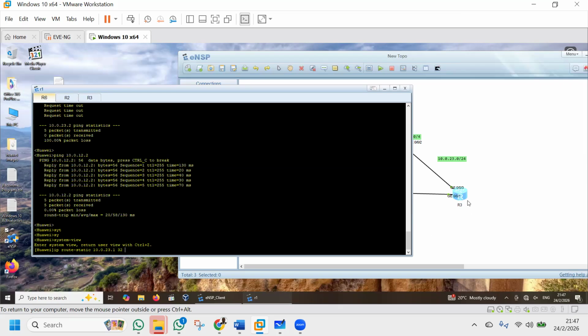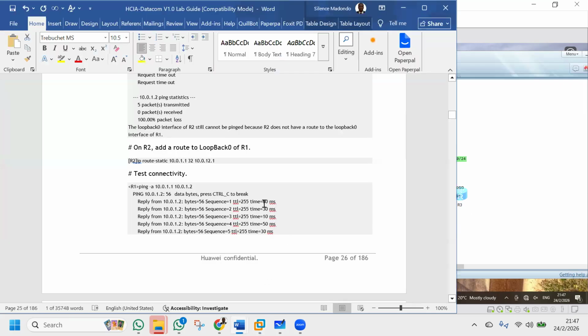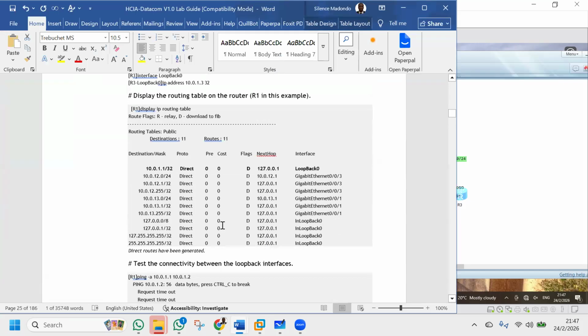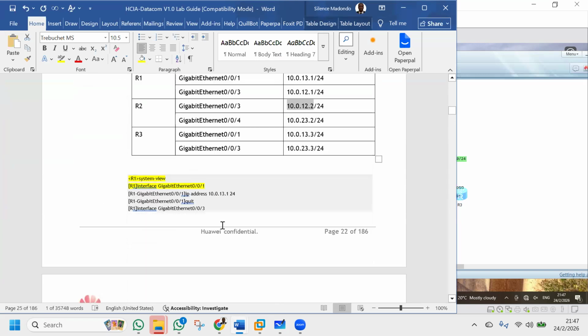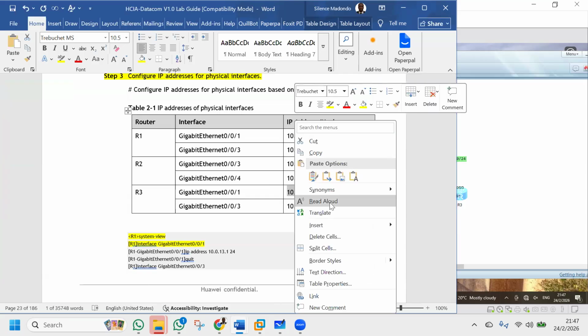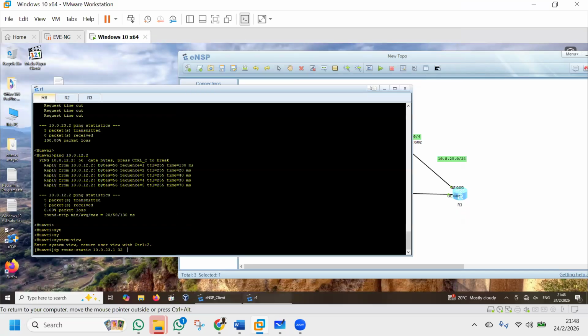Next hop, R3 G0/0/1. I think I asked, between all of you with my networks, did anyone try to do these networks?